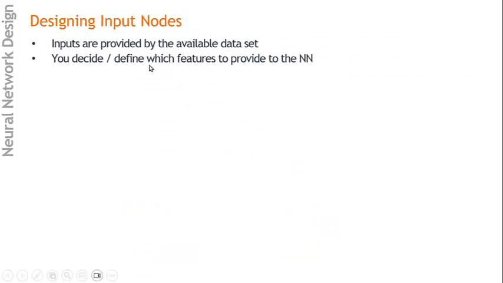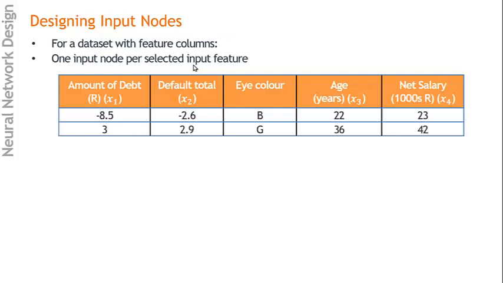So designing the input nodes, we've talked about this before. These come from the data sets. You have to decide which features, or whether to change the features, produce more features, make combined features to give to the neural network. So that's your decision. Now each characteristic or each feature will have its own input node, and you have to decide which ones you're going to use.